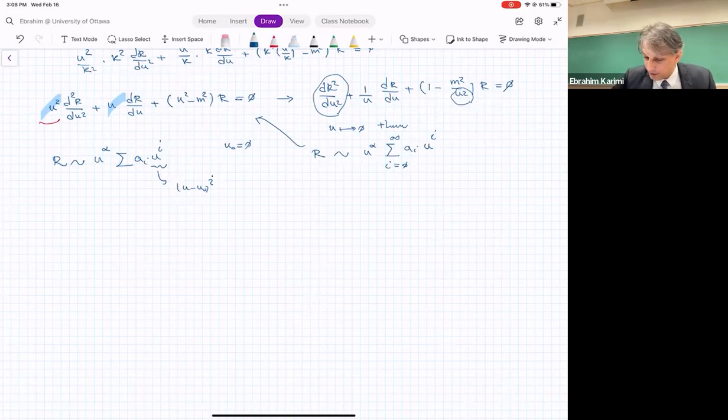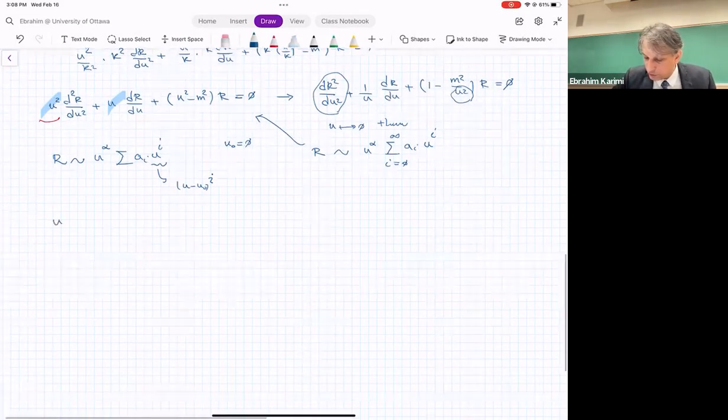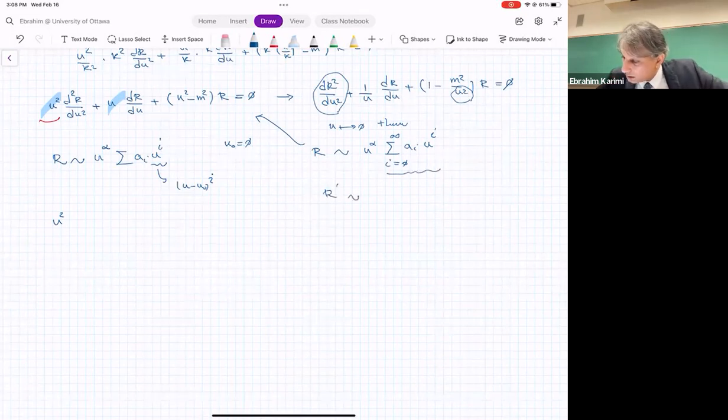Let's substitute it here. The first term is u squared times the second derivative of r. You have to take the second derivative of this. So the first derivative, which is r prime, will be, let me write it in this way because it's easier to handle, the summation over i from 0 to infinity of a_i u to the power of i plus alpha.